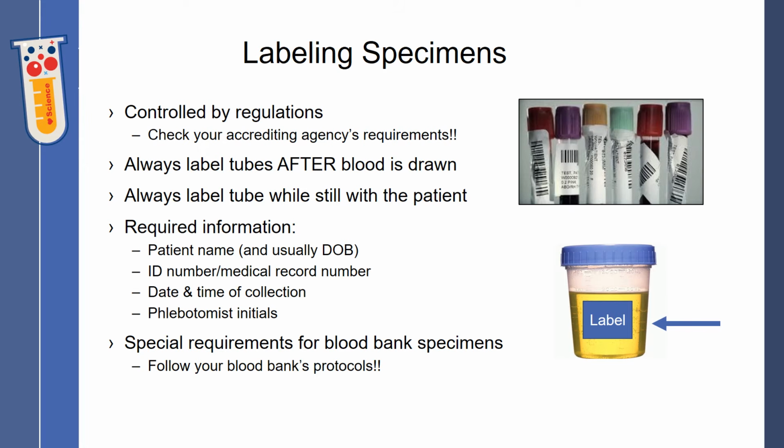So the label goes here, and never label only the lid. If you want to put a label on the lid, great, but you must always label the cup, not just the lid. The reason for that is if you take the lid off of that cup, you set it down for a minute, you get distracted, someone comes along, here's a cup of urine that is actually not labeled. You can run into a lot of problems that way.